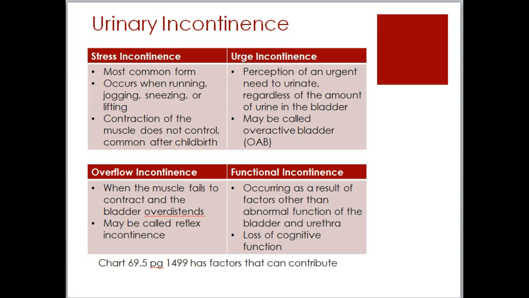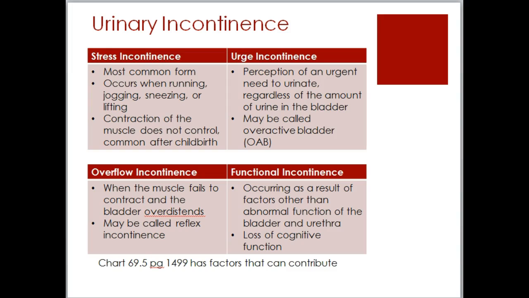So you may have gone over this one in Gero, and it's incontinence occurring as a result of factors other than the abnormal function of the bladder and urethra. So everything is okay with our bladder and urinary system. The issue is our minds and things like that cannot do it, or cannot make the connection. So you'll see this a lot in our dementia patients. Not all, but some of them will.